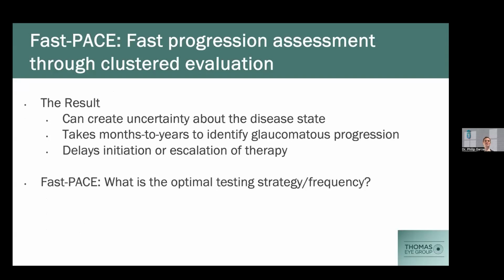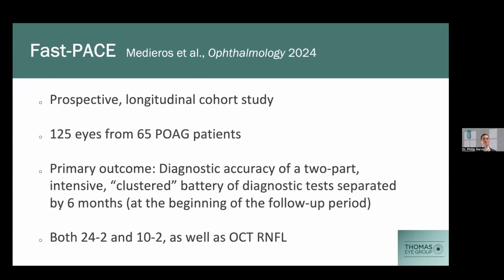And so the question that this paper asked was, what is the optimal testing strategy and frequency to determine if the patient needs initiation or escalation of therapy? It was a prospective longitudinal cohort study enrolling 125 eyes from 65 glaucoma patients. And the primary outcome was the diagnostic accuracy of a two-part clustered battery of diagnostic tests that were separated by 6 months.